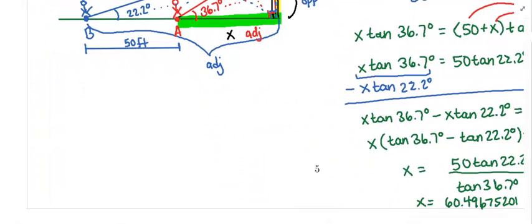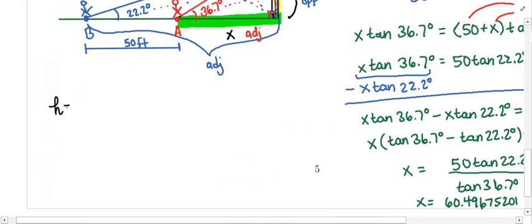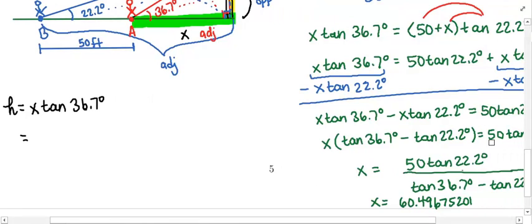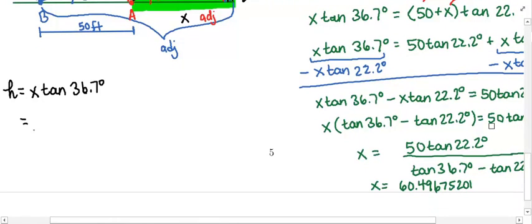Okay, so I'm going to come over here, and I'm going to write this down. To get the height of the triangle, the height is x times the tangent of 36.7 degrees. Okay, we just computed x. It's this green number at the very bottom. Okay, like I said, we need to maintain all the digits for accuracy. So I'm going to write this x value down.